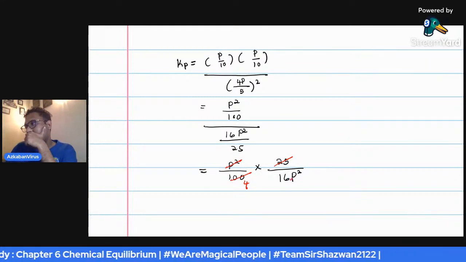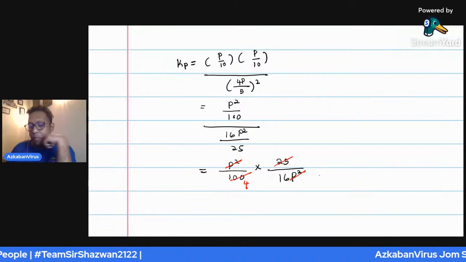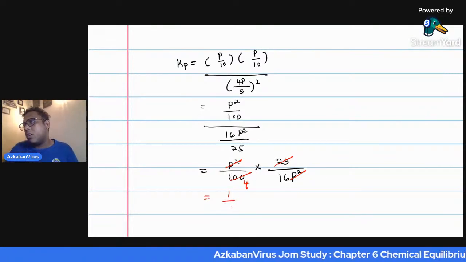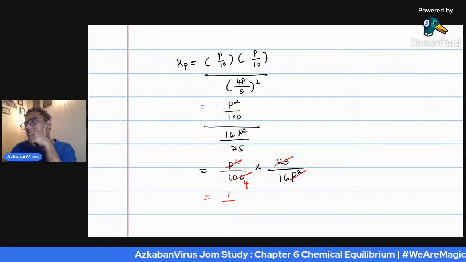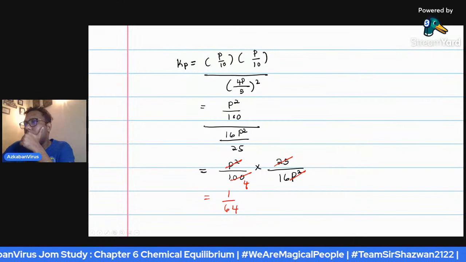P squared, P squared. 4 times this is 64. We get 1 over 64. It is not in the answer.